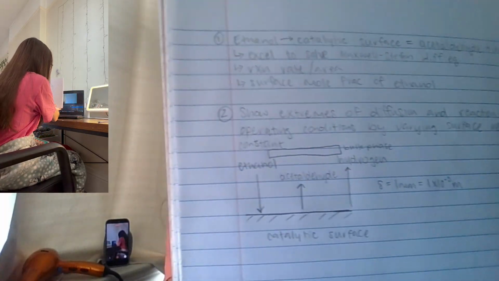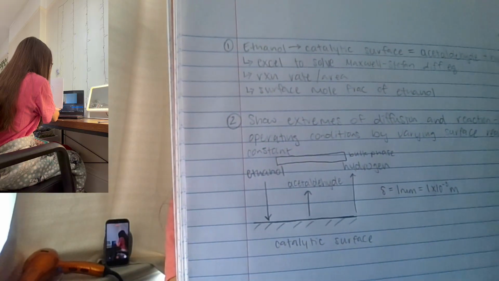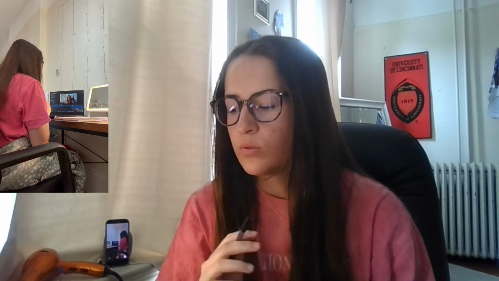That distance is important to know because, similarly to our example in the other video, where we had the volume between where the liquid mixture started and where the pure nitrogen was, it's a similar thing here, but we're looking at a surface versus the bulk phase area. So we've defined delta equals 1 millimeter, or 1 times 10 to the negative third meters.